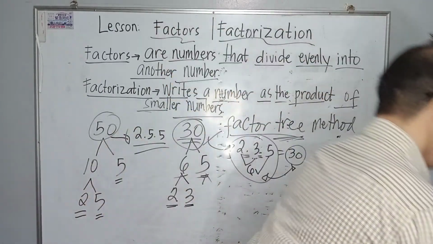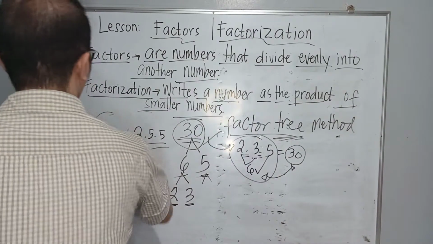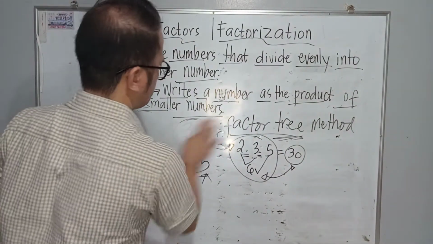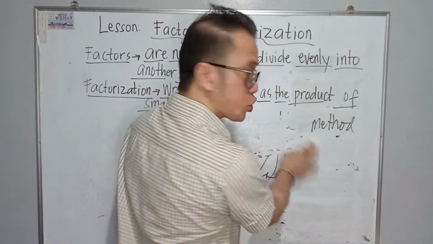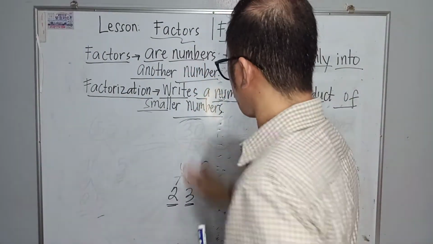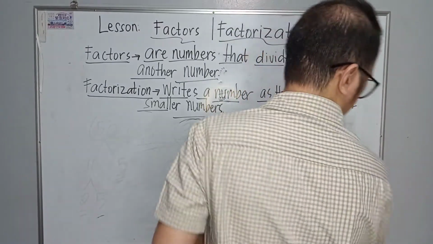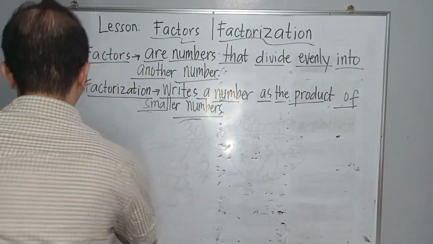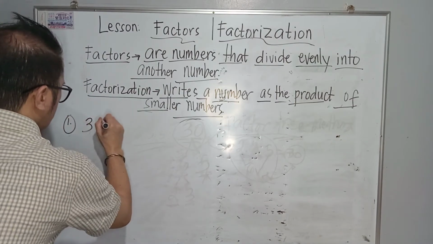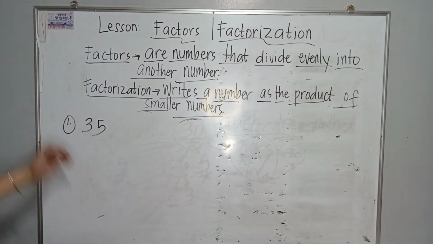Let's have first our evaluation process using the factor tree method, class. Same method, we're going to use the factor tree process. Let's answer first here, number 1: 35, please copy first.